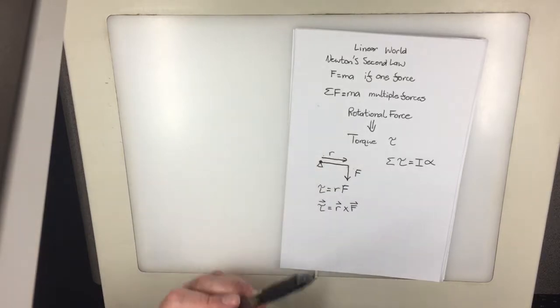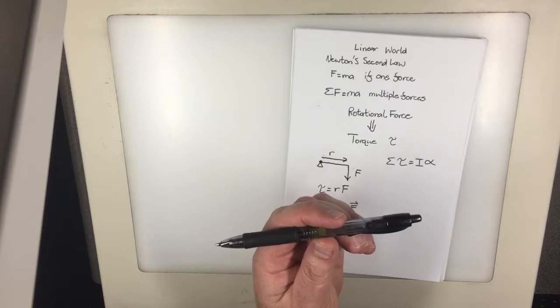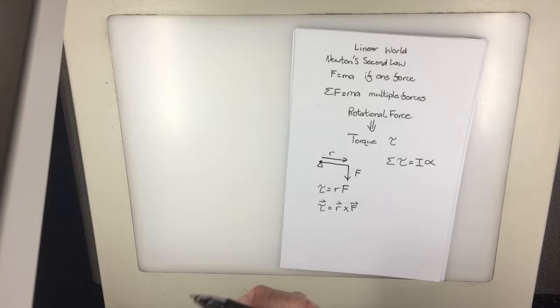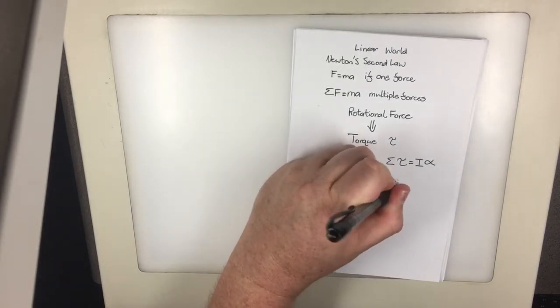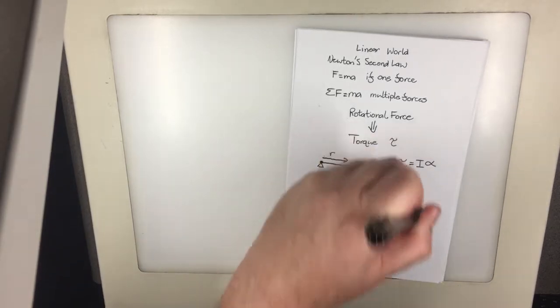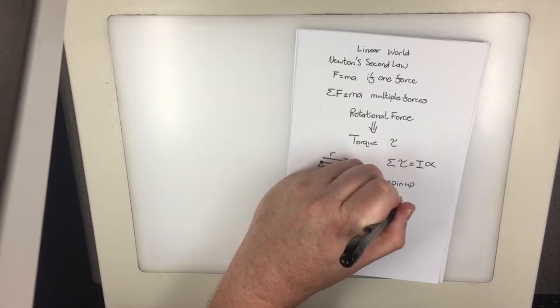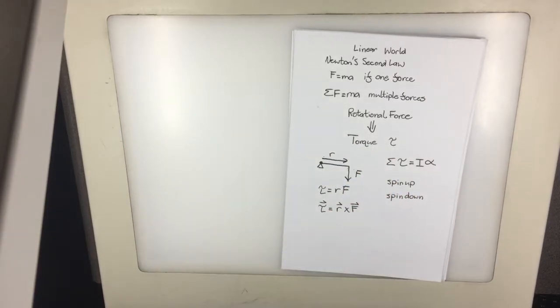And so what this does is, if you've got a torque, this pin will start to rotate and rotate faster and faster and start spinning. So if you've got a torque, the terms that I use are spin up, as in rotates faster, and spin down, rotates slower.